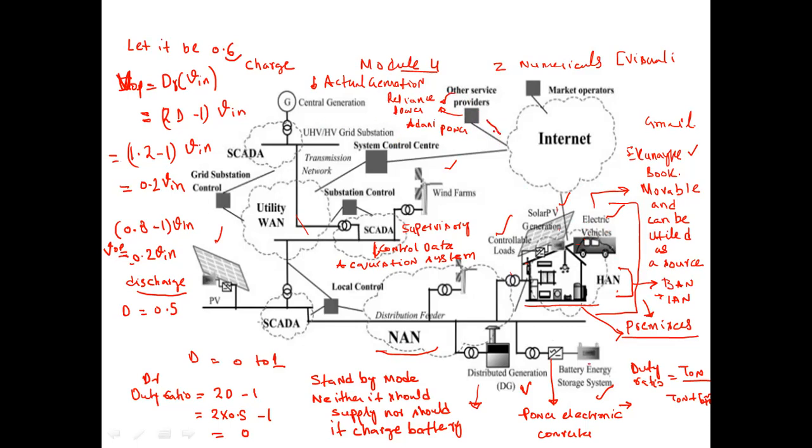But what power they are providing, what the information is, and the information from the main grid, all of this is stored on the internet, in the communication channel. This communication channel follows some protocols and has some layers.